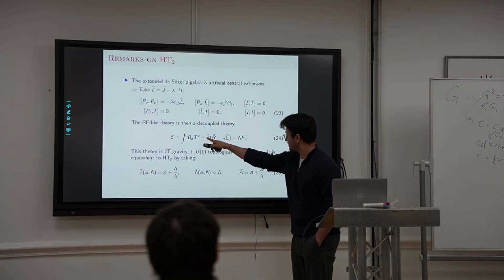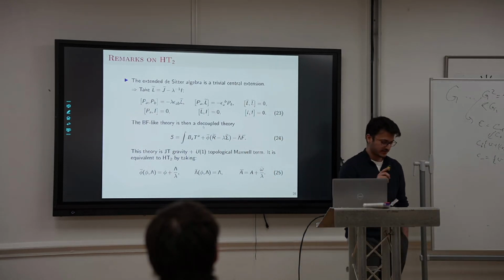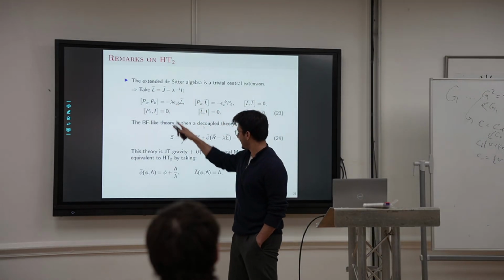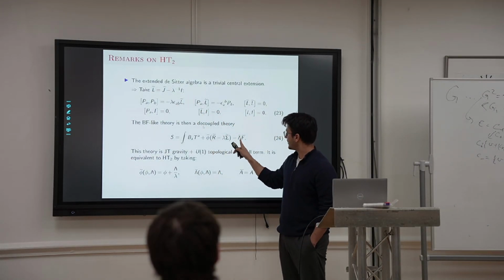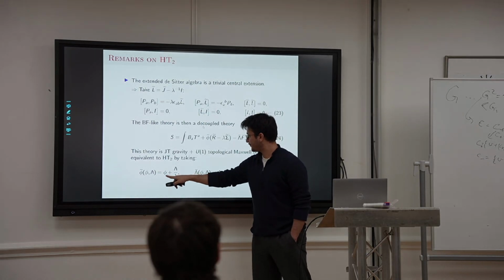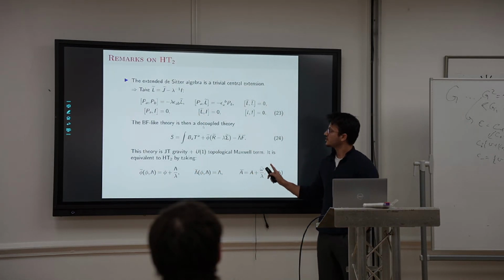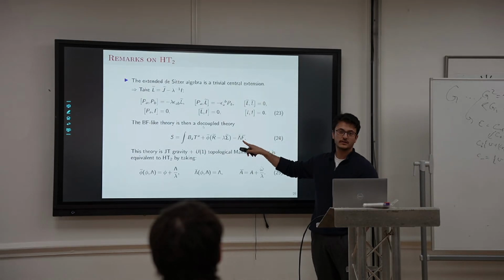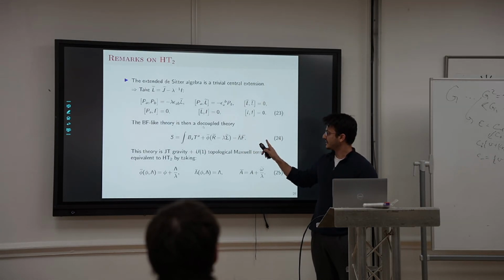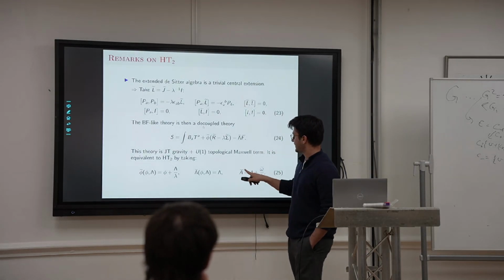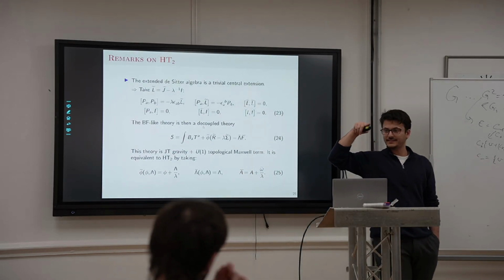And this 24 is equivalent to HT2, because I can rewrite these phi bar and lambda bar in terms of phi and lambda, and this A bar is actually A plus omega tilde. So for instance, if I go on shell and vary with lambda bar, I get f bar equals 0. That tells me that locally I have pure gauge configurations, so A bar is like d theta.